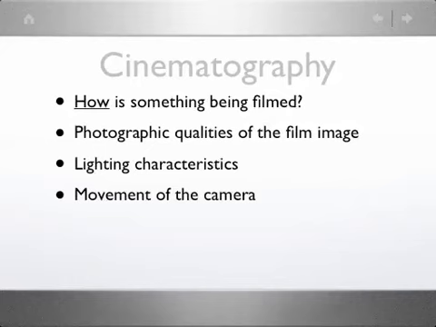But lots of times the camera is moving, and so when we analyze cinematography, we can talk about how is the camera moving, what is the nature of that movement, how is that movement accomplished technically by filmmakers, and what is the effect of that movement to us as viewers, just in terms of what the film looks like, as well as potentially what the movement means in the context of the story or the themes of a film.